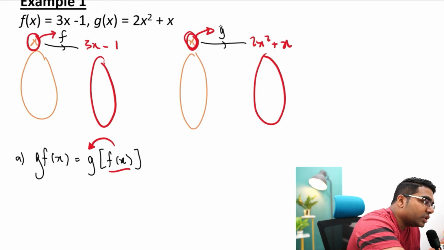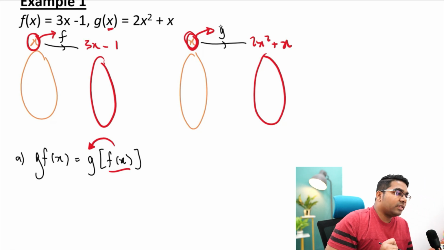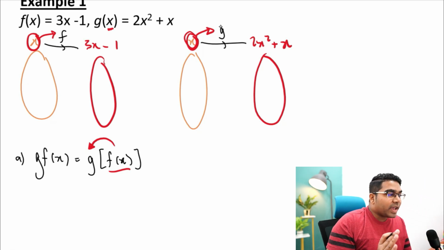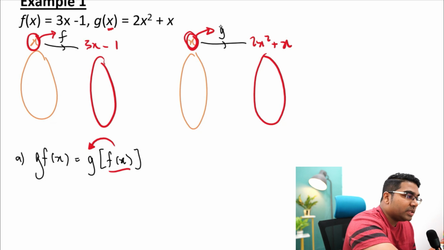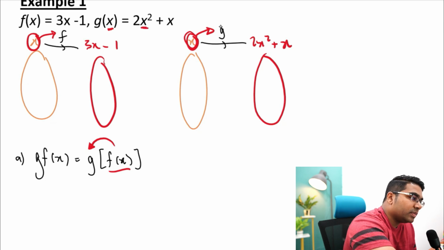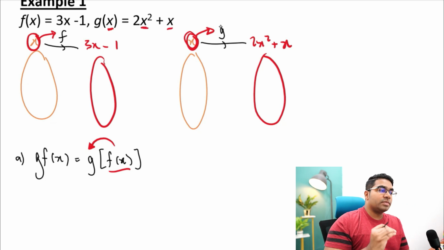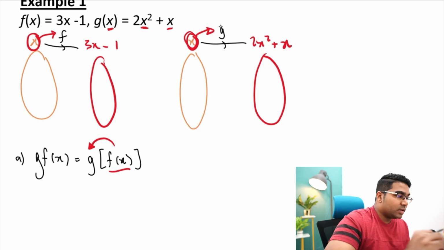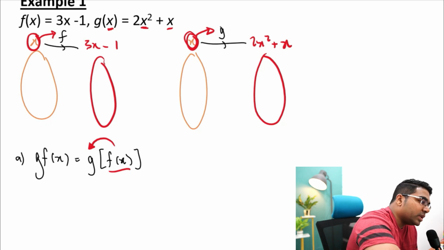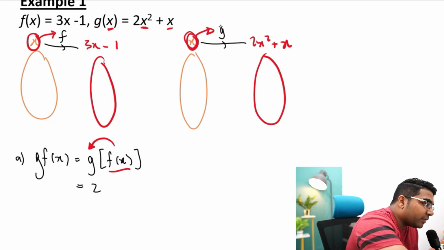We are taking f of x as the object that is put into the function g. So how do we do that? Look at the function g. We are taking x and we are putting f of x as x. That means all the values of x will be substituted with the object f of x. So this will be equals to 2, and x will be f of x. So wherever there is x, we are going to insert 3x minus 1.